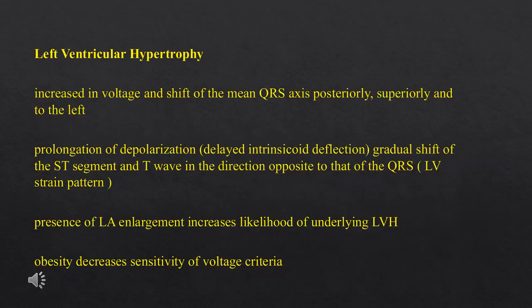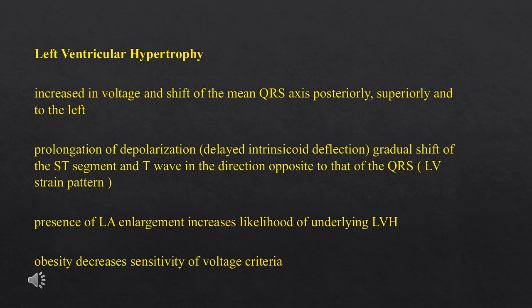Left ventricular hypertrophy is characterized by an increase in the voltage and shift of the main QRS axis posteriorly, superiorly, and to the left. There is prolongation of depolarization, and a gradual shift of the ST segment and T wave in the direction opposite to the QRS complex.